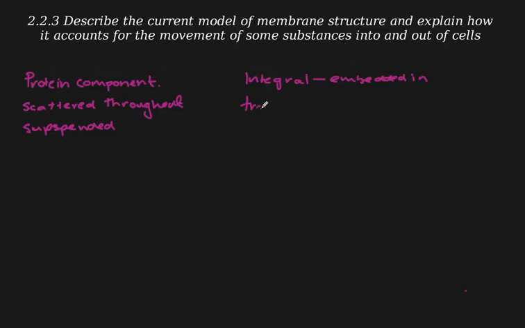They're still integral because they're within the lipid bilayer. And finally, there are a number of other proteins which we just call peripheral proteins. So peripheral means towards the surface in this case.